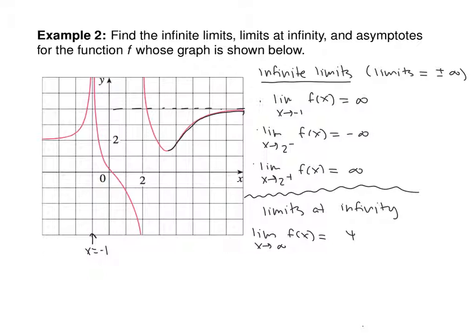We're assuming the function does no funky stuff outside of the screen that you've seen, which is a big assumption, but we'll just pretend. How about the limit as x goes to negative infinity? 2, because over here your function appears to go down and approach y equals 2.